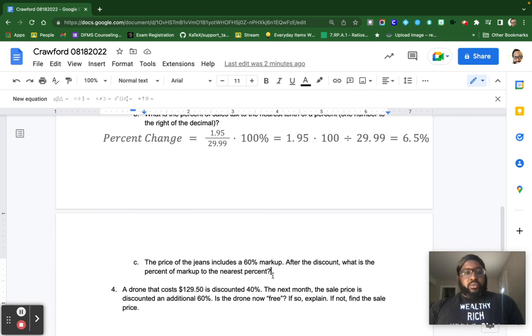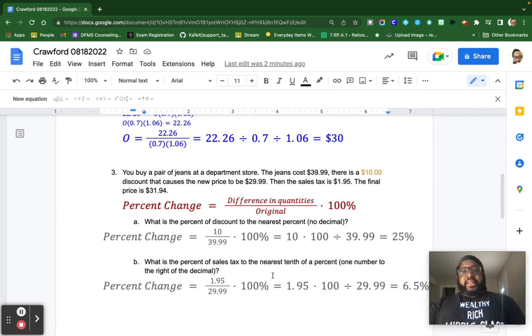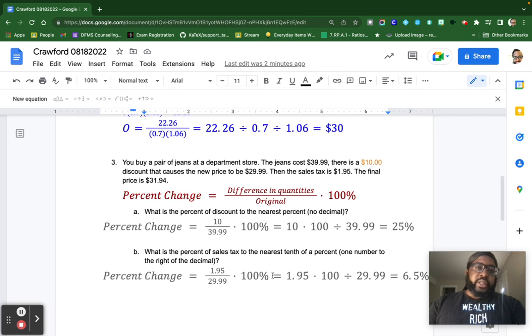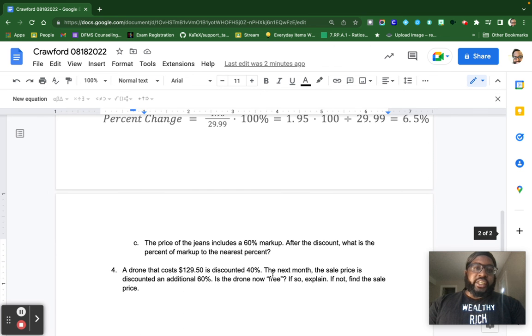After the discount, what is the percent of markup to the nearest percent? So this is what's going on. That 39.99 was not always 39.99. It was cheaper. The original price of that jean before you got ripped off was the following.